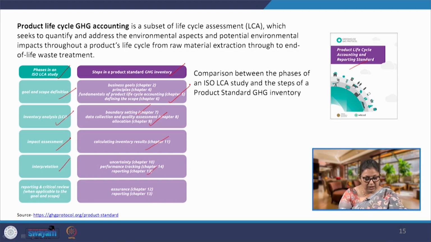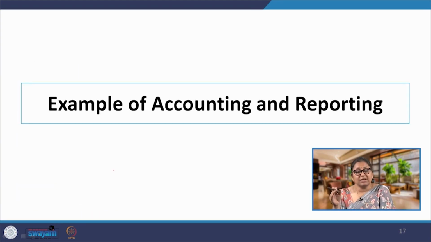Interpretation, here we are looking for performance or reporting or validation, and finally leading to reporting. So, they are very similar. This particular standard actually draws a lot from the ISO standard. The only thing being that in this particular standard, we are following steps only to account for the GHG emissions and nothing else.